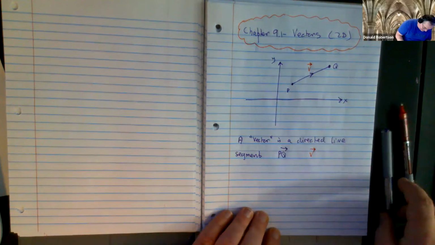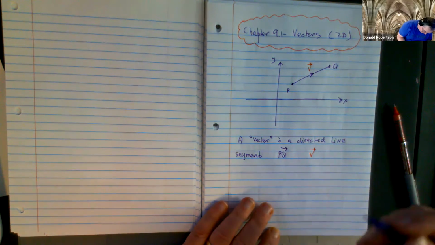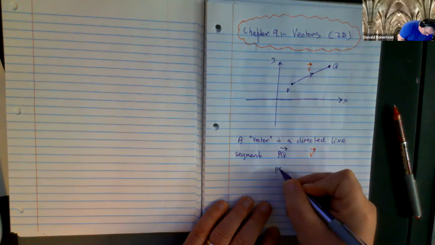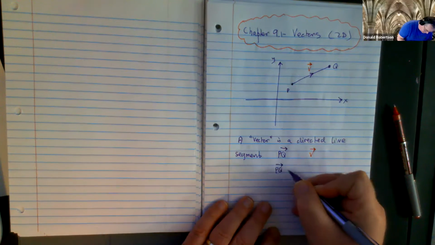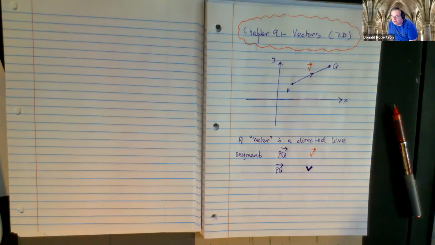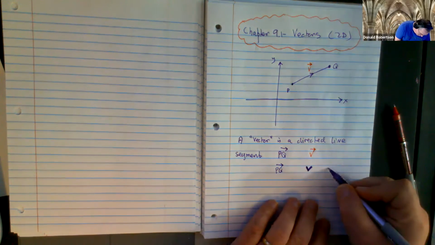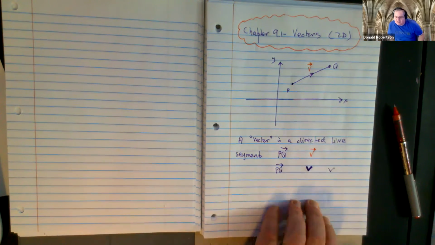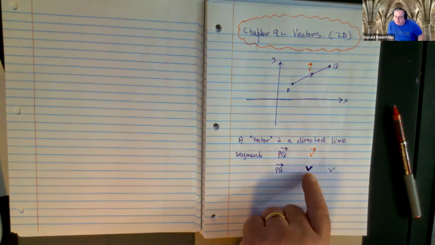When you look at vectors in textbooks, you have PQ, and they make the v bold. So when you look at WebAssign, the vector v will just be bold. It'll look like the letter v, but you know it's a vector because a variable is called v, but a vector is written as a bold v.